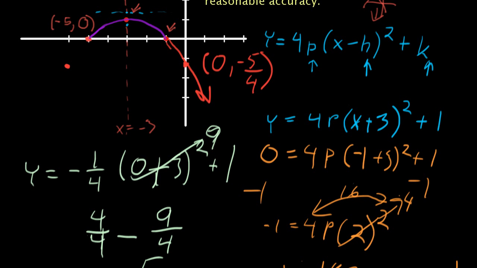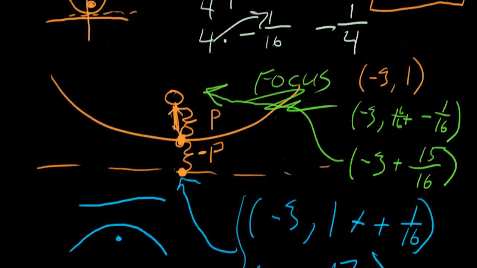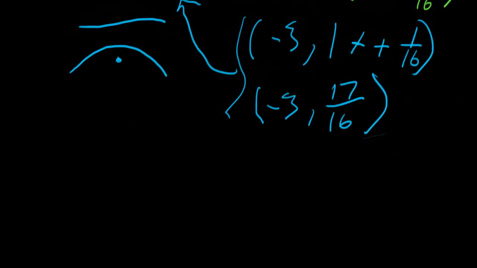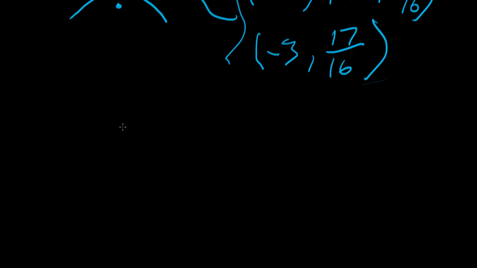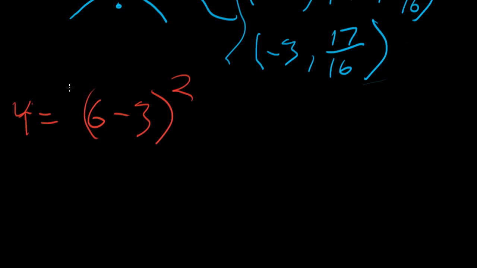But if you are with a teacher that says, show all your work, you're going to have to come down past all your mess that you've made and do 6 minus 3 squared. And this was y equals negative 1/4 plus 1. 6 minus 3, this is negative 3.